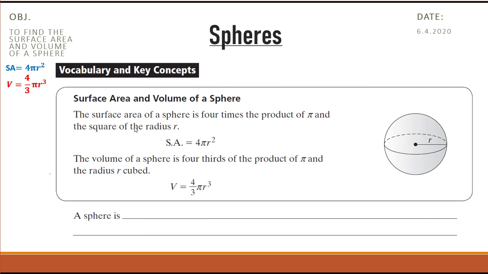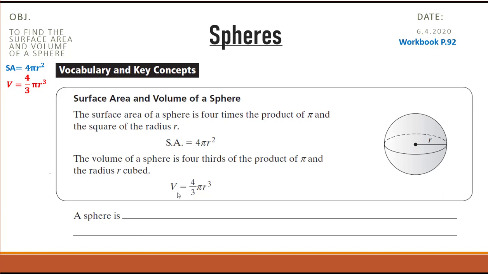Now get your workbook, page 92. Open your workbooks, page 92. As we said, the surface area of a sphere is 4 times the product of pi and the square of the radius r.